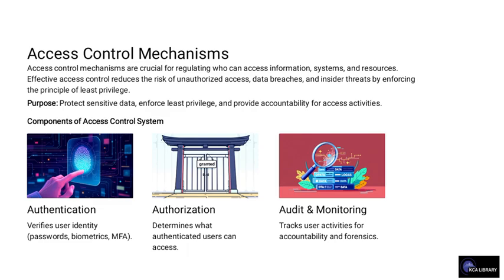The purpose of this is to protect sensitive data, to ensure the enforcement of least privilege, and also to provide accountability for access activities. The components of an access control system include authentication, authorization, and audit monitoring.